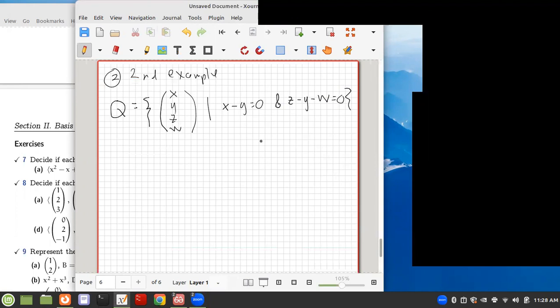And for any numbers X, Y, Z, and W. So again, we have a linear system, and we have 4 components.